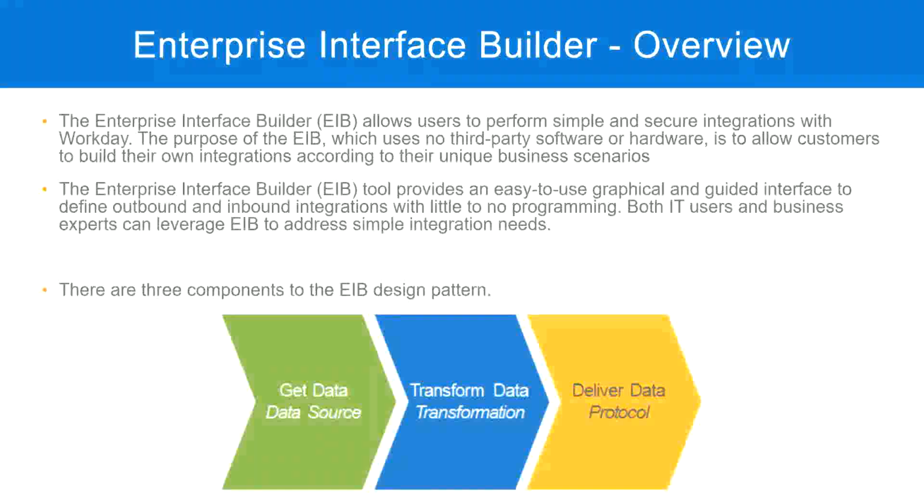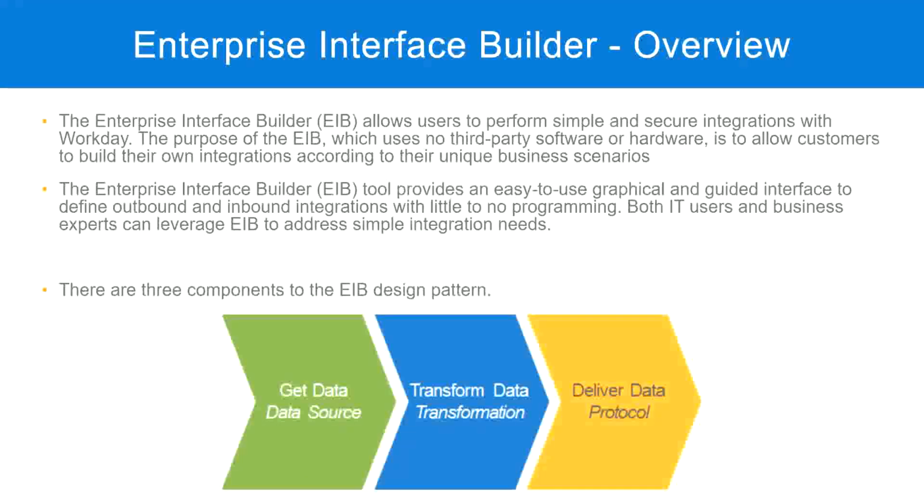Absolutely. So you can get the data from somewhere. Then the second step would be to modify the data, or translate the data, or transform the data into a format expected by the recipient. You have to convert it to a format expected by the recipient.